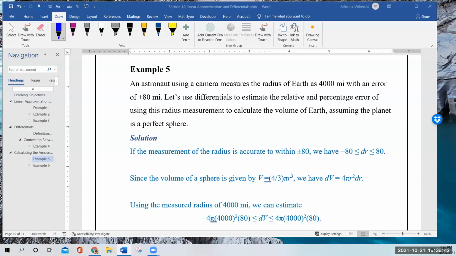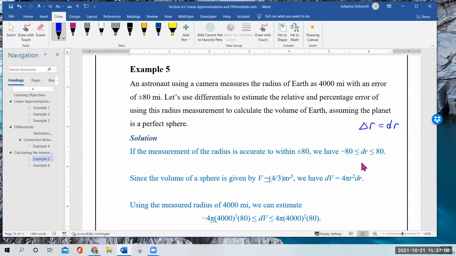Our error is plus or minus 80 miles. So the change in the radius, delta radius, or dr, is equal to somewhere between negative 80 miles and positive 80 miles. Either I've got 80 miles too much or 80 miles too few. So we can write that dr is between -80 and 80.